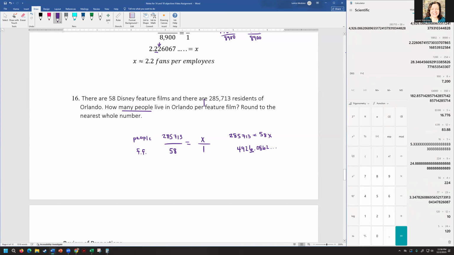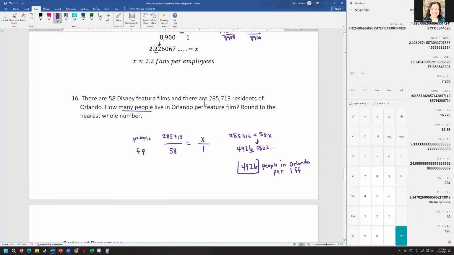So if they say round to the nearest whole number, that means the ones place value. So there's a 6 there with a 0 directly behind it, so that will not bump it up. So it would be 4,926 people in Orlando per one feature film.